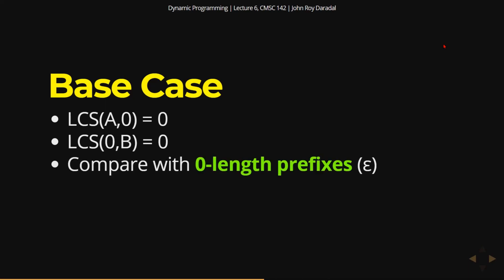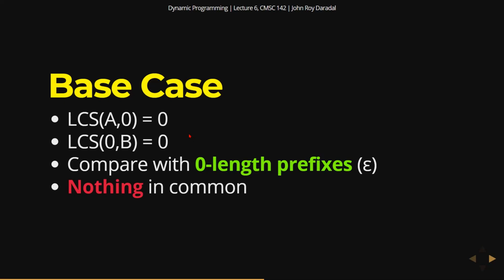Because if it's LCS A0, that means you're taking the A length prefix of X and the 0 length prefix of Y. So you're comparing it with an empty string. The longest common subsequence between a string and an empty string is nothing because there's nothing to compare it with, right? So both of them are 0. So the gutter values later on would be 0.